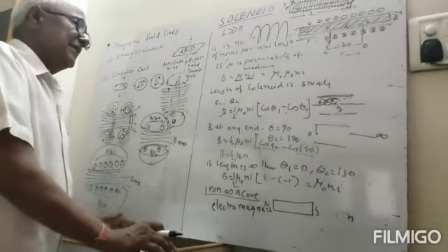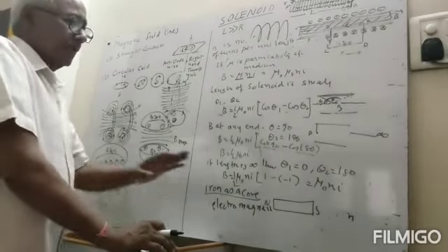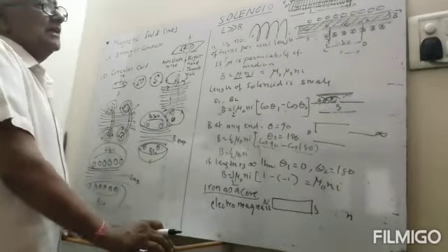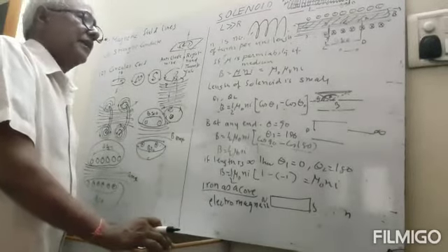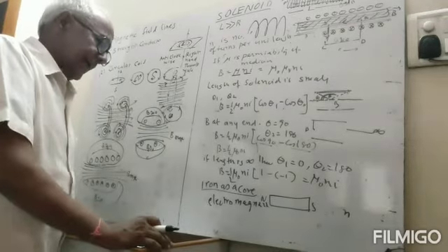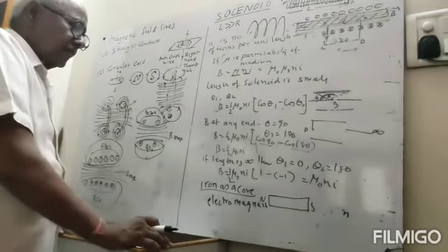So we can say, if the iron core is filled inside the solenoid, then this will work as an electromagnet.